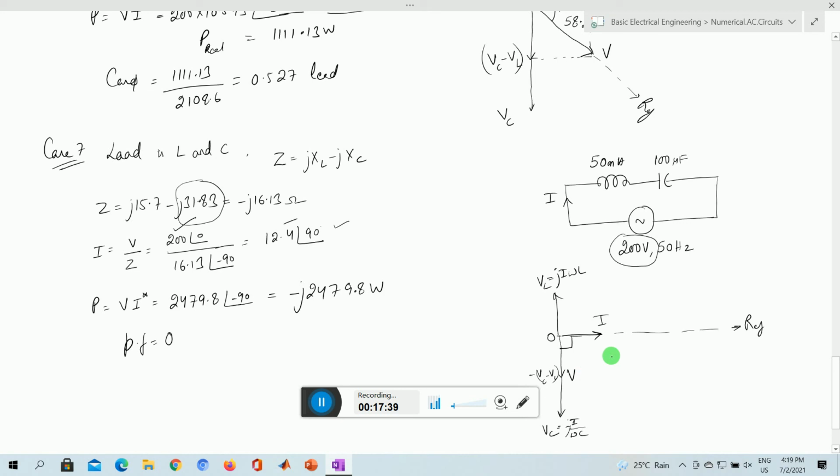So it takes time, but I think you have understood completely, and this helps you to understand the difference between real power and reactive power, and reactive power with a positive value and reactive power with a negative value. Whenever something is positive, it is absorbed by the load. Whenever something is negative, it is delivered by the load. My energy stored is fed back to the load. Thank you very much.